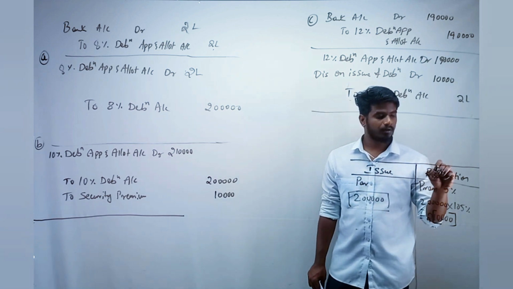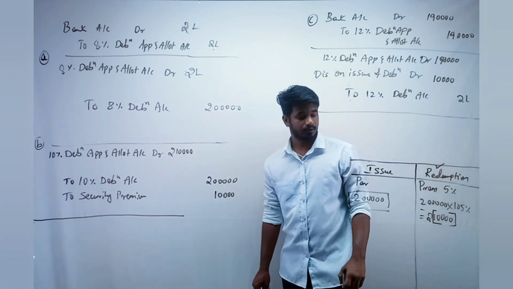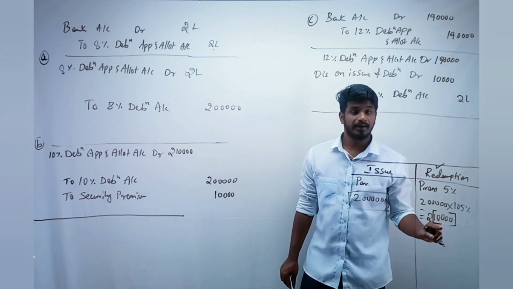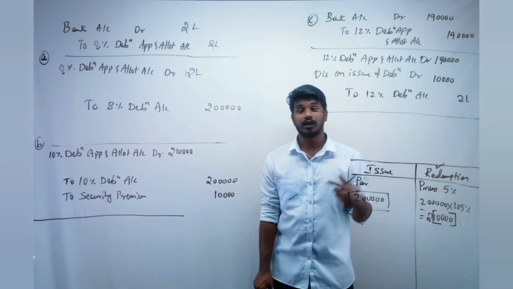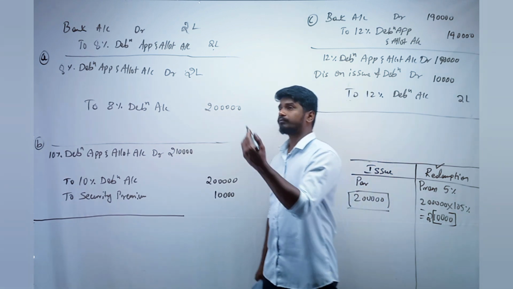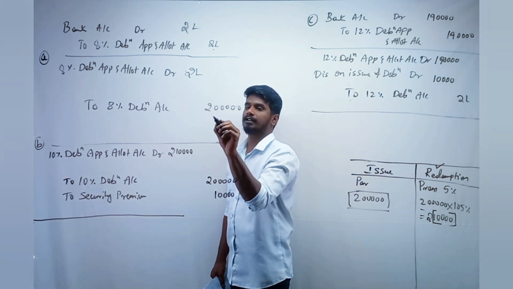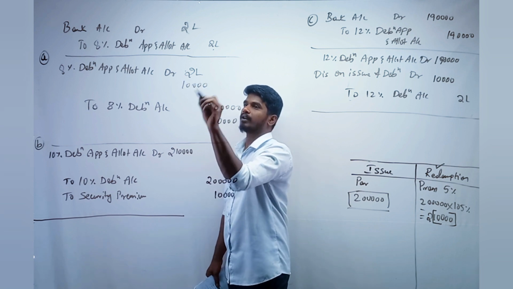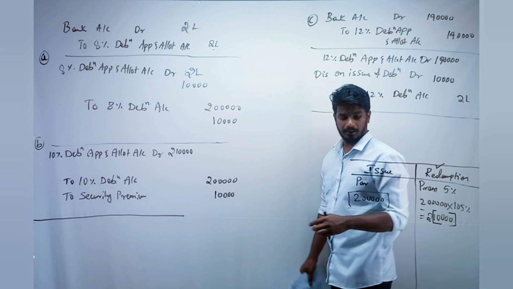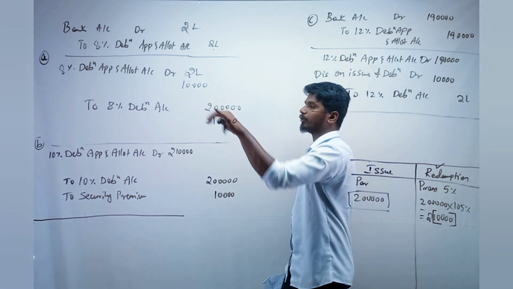So we are getting premium on redemption, so we'll write it as premium on redemption of debenture. But where should we write? Both sides are equal, just write 10,000 on both sides.